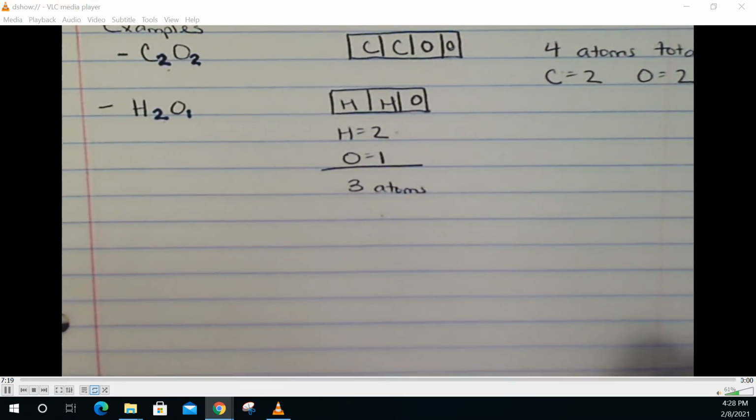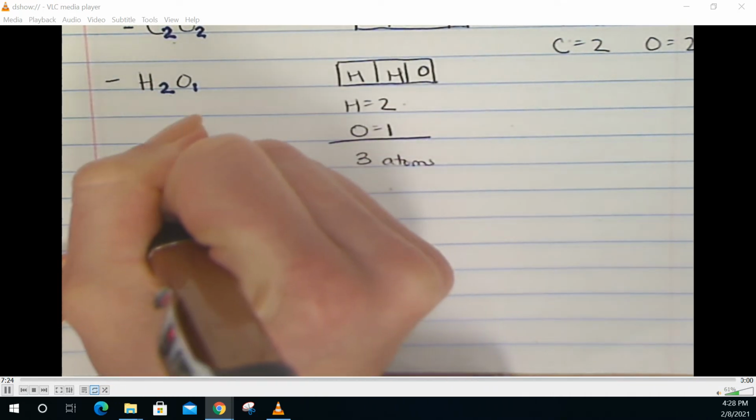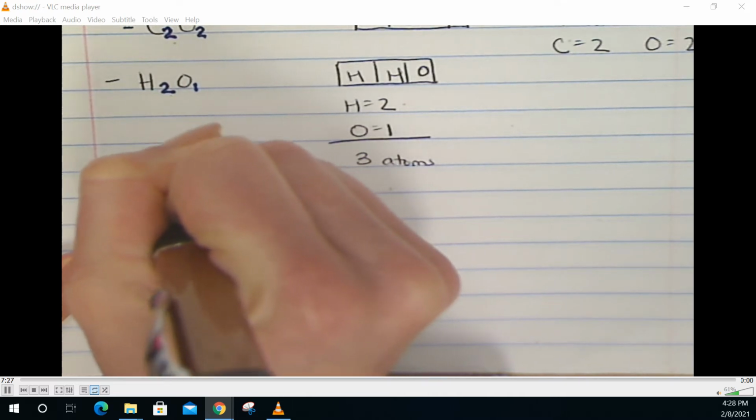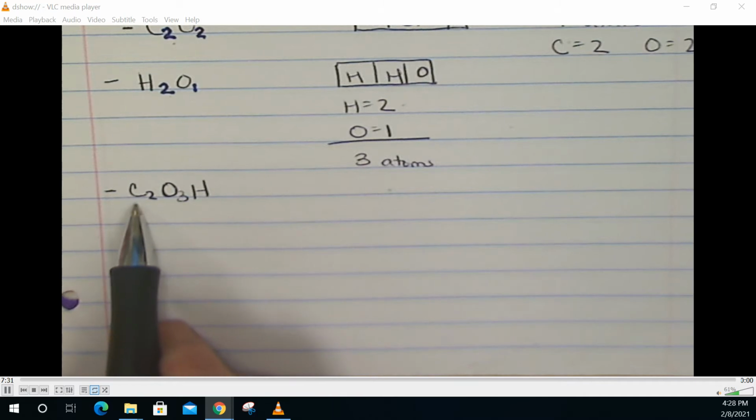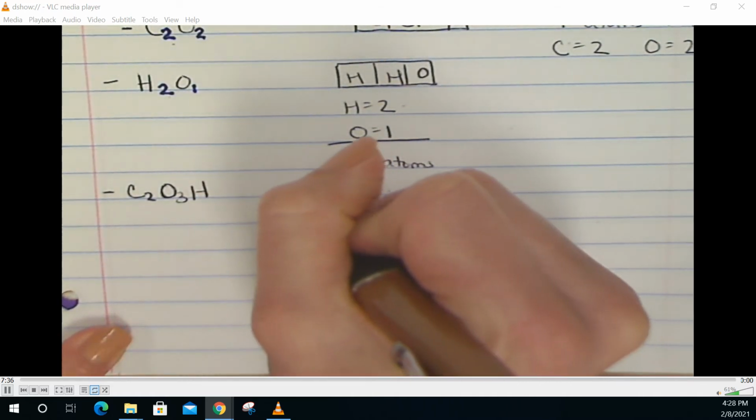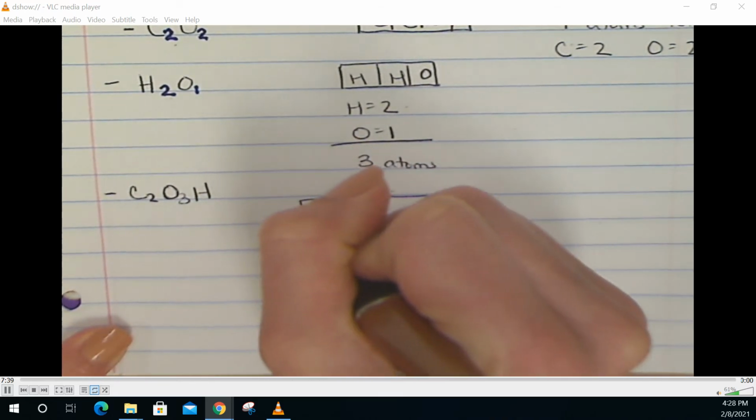Let's do one more example. Right here, we know that these are 3 different elements because of the capital letters. If I were to draw that out, this subscript would be 2, so carbon has 2 atoms.